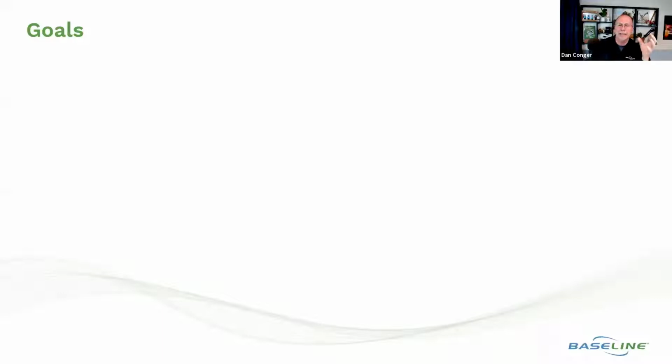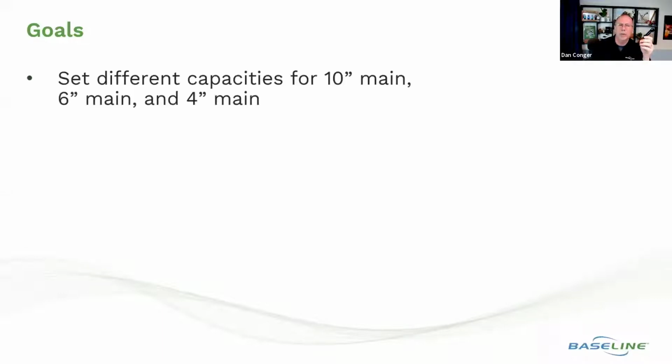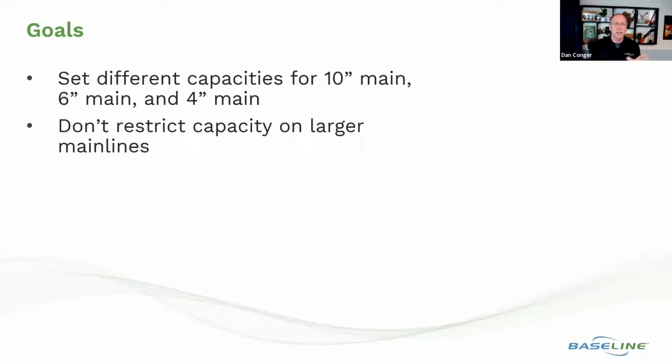So let's talk about the goals and the things that we want to do on this one. We want to set different capacities for each one of the main lines. One section of the main line is 10-inch, another section is 4-inch, and another section is 6-inch, right? Different sizes. We don't want to set the 4-inch capacity for the 10-inch. We don't want to starve that. We want to pump a lot of water through the 10, but don't try to shove, I'm going to make up a number, 1800 GPM through a 4-inch pipe, because that's going to be problematic.